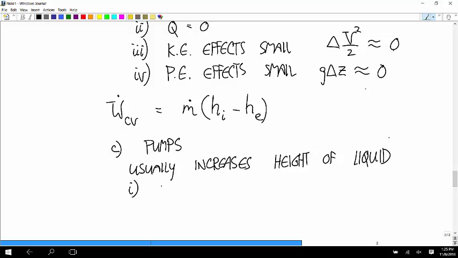We're going to assume that it's steady state. We're going to assume that there's no significant heat transfer.